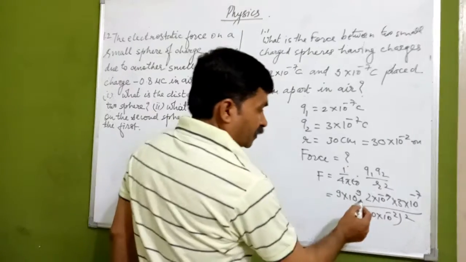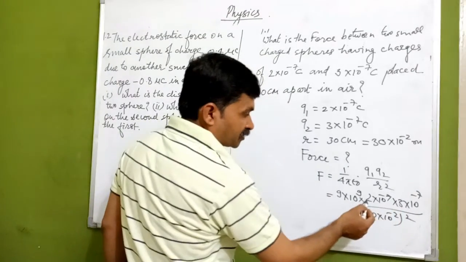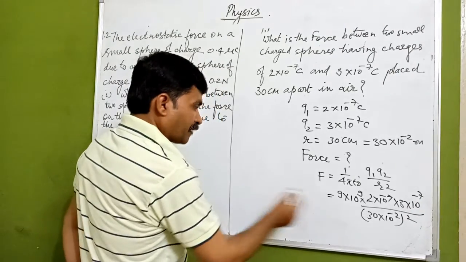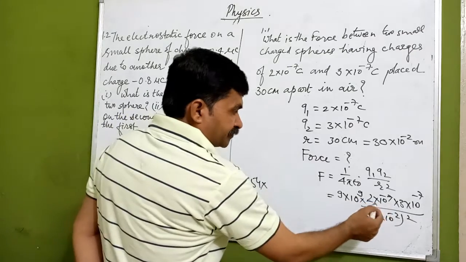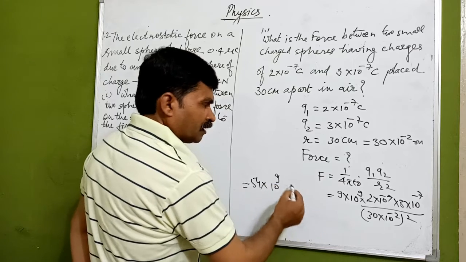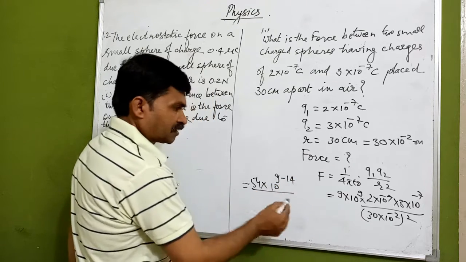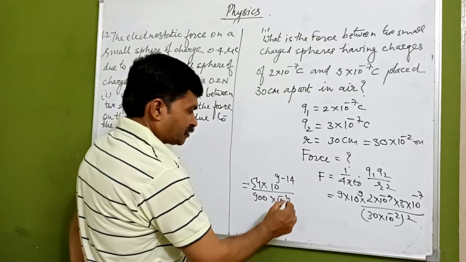Now see here, 3 into 2 is 6, 6 nines are 54. I am writing it here, 54, and for the power, 10 raised to the power 9 minus 7 is minus 14, divided by 30 square, which is 900, that is 9 into 10 raised to the power minus 4.